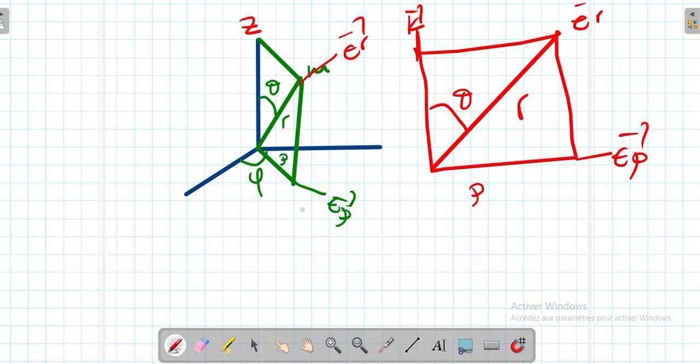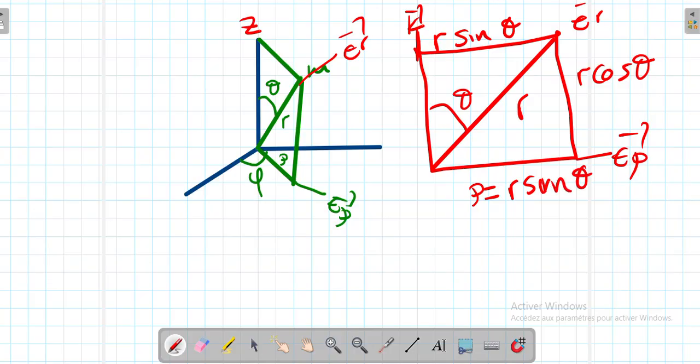The opposite side of the angle is r sine theta, and the adjacent side is r cos theta. But since this is a rectangle, this side is equal to this side, so rho is equal to r sine theta.